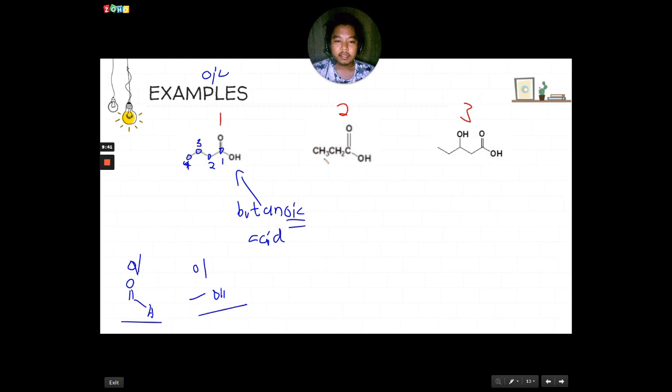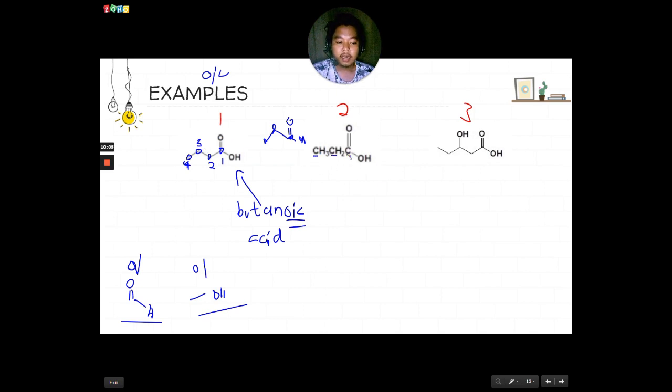First, count the number of carbons. So we have 1, 2, 3. Then there's a double bond O and then an OH. We just expanded the structure. Sorry for the image, it looks like this. We made this expanded, or condensed in nature, not a skeletal one.